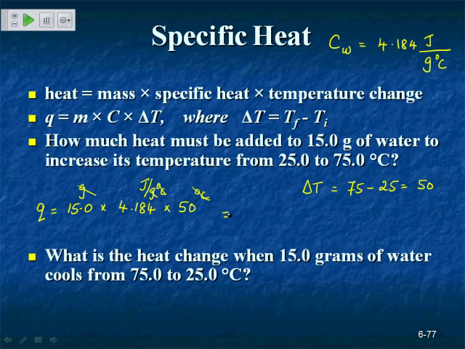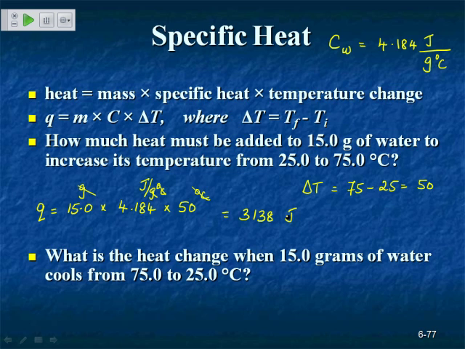So how many joules of energy are added to this water in order to raise the temperature from 25 to 75? How much? 3,138 joules.